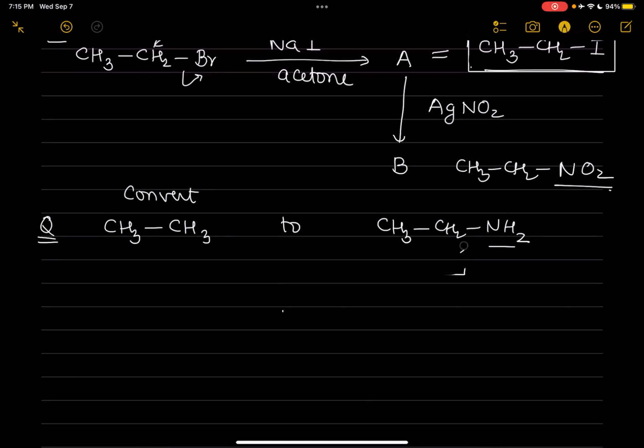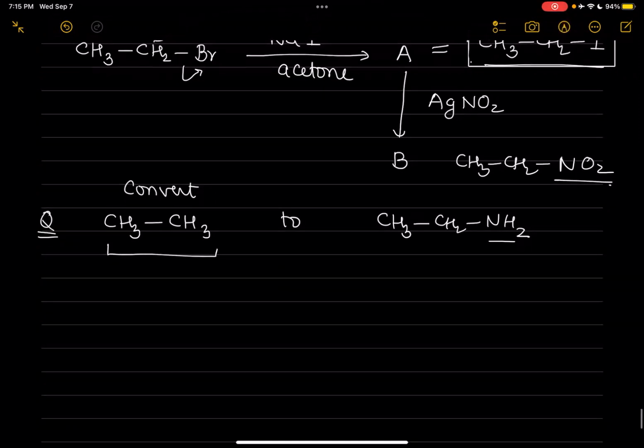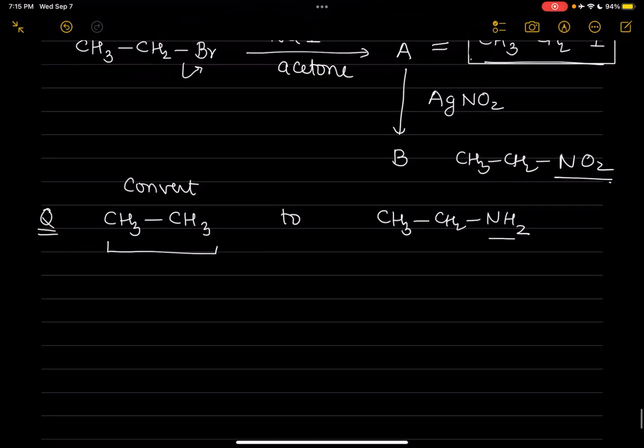So first of all, which compound is this? Alkane. So with an alkane, you need to convert it to alkyl halide, bromide or chloride. Why do I need to convert alkane to alkyl bromide or chloride?